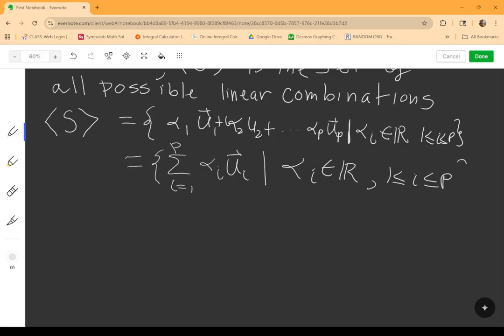Now, as we saw in the previous video, when we had vectors in R2, the options were that the vectors could span a line, or if they were correctly chosen, we could span the whole space. Now in R3, we went up a dimension and there were more options.